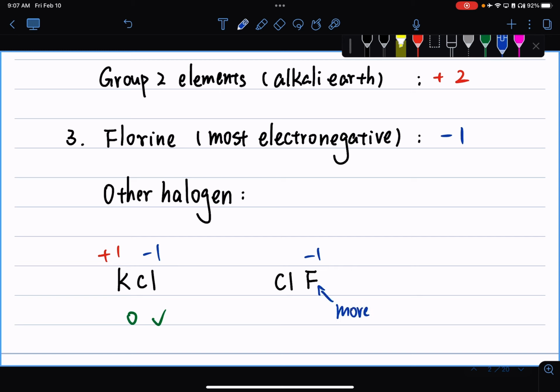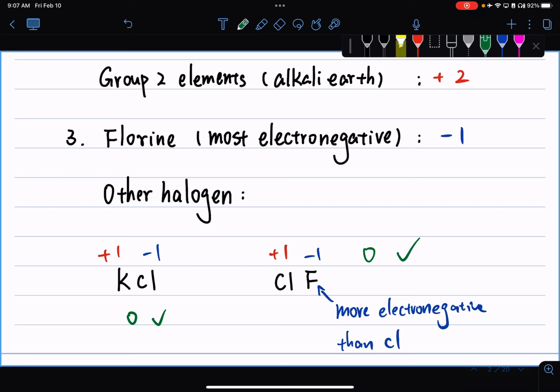It is more electronegative than chlorine. So fluorine is going to be -1. And we know the entire molecule must add up to be 0. So that deduces our chlorine to be +1. And the entire molecule adds up to 0 and we're happy.